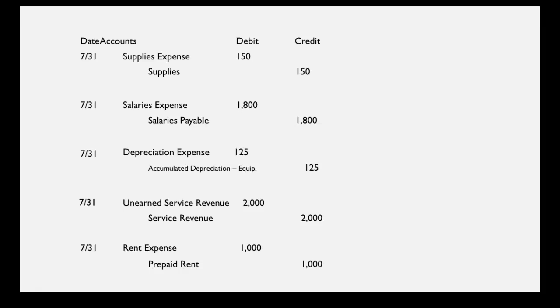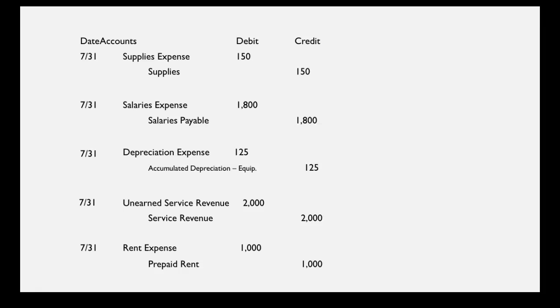Now, one last thing before we move on to an adjusted trial balance. Take note of the account titles in these adjusting entries. We have supplies expense, supplies. Salaries expense, salaries payable. Rent expense, prepaid rent.